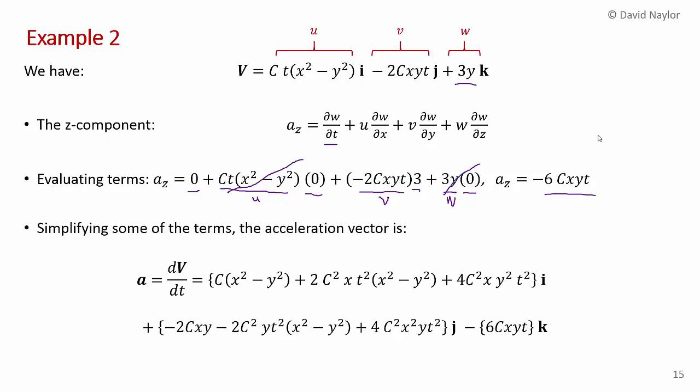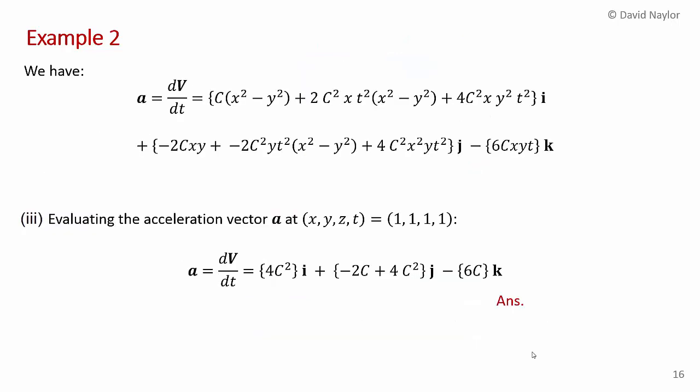You can put them in as an acceleration vector. So this is just ax, a couple of slides back. Ay, if you check back, that's ay. And there's our az in the k direction. So that's the answer in terms of the general expression for the acceleration vector.